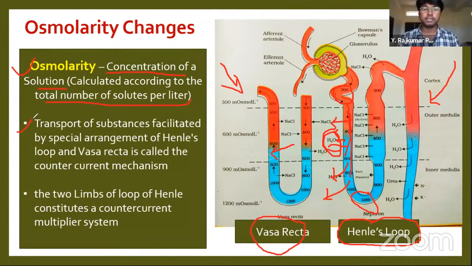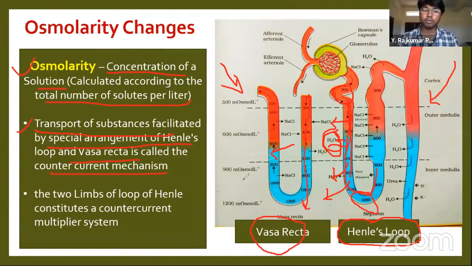You can see the next point here: the transport of substances facilitated by the special arrangement of the loop of Henle and vasa recta is called the counter current mechanism. Just now I told you, in the descending limb the substance is coming down, and in the ascending limb it is going up, and the same opposite thing is happening in the vasa recta.